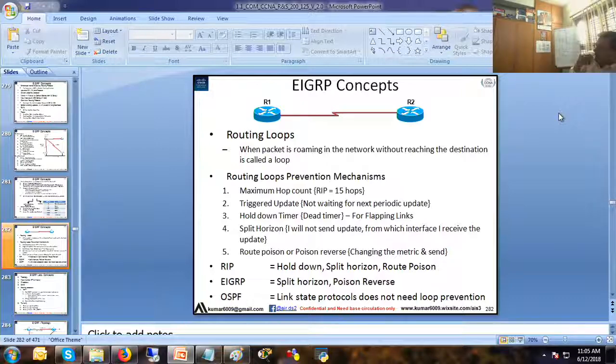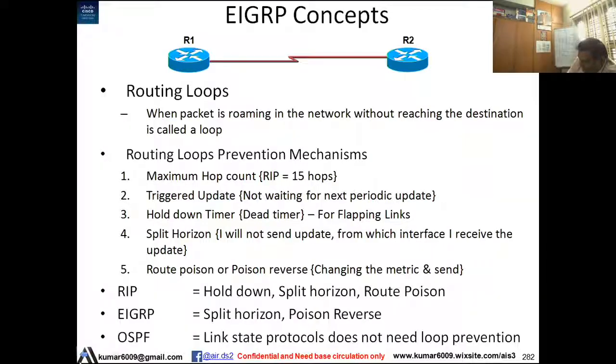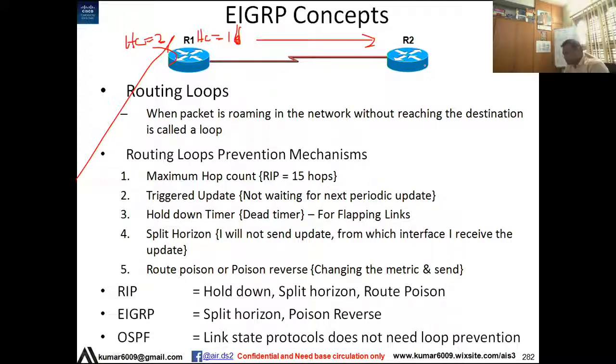For example, one route is coming to R1. What will R1 do? R1 will change the hop count. It came with hop count 2, for example. It will change it to 16 and send it. Once it becomes 16 here, what will happen on this side? The RIP metric is 16, so what will it do?